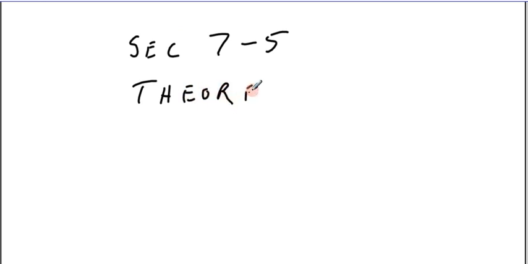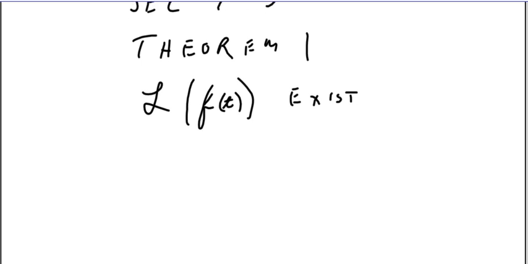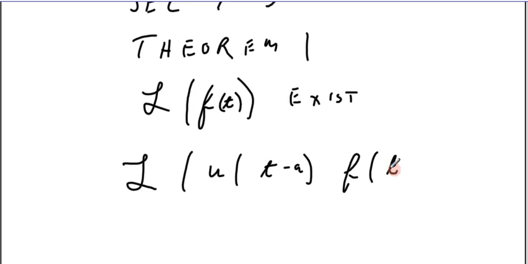We're in section 7-5, in theorem 1. Theorem 1 says that if I'm lucky enough to have the Laplace transform of f(t) exist, and if it's not, then I don't have to worry about theorem 1, then the Laplace transform of the unit step function u(t minus a) times f(t minus a) is going to equal e to the minus as times the Laplace transform of f(t).